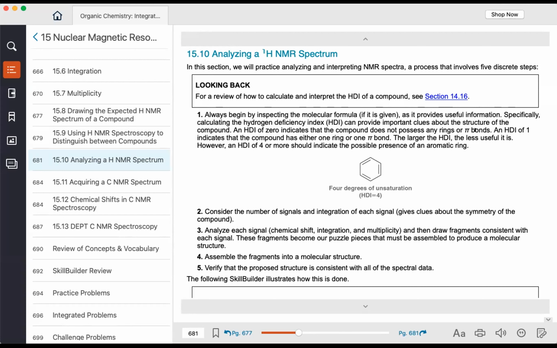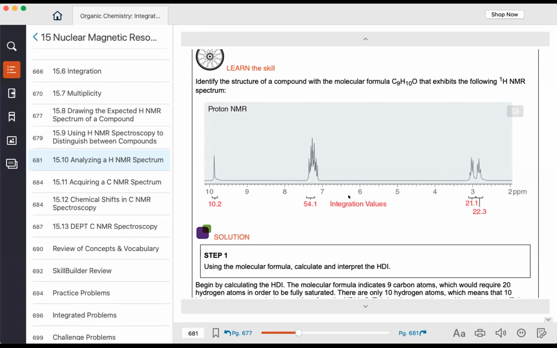Next, let's have a look at the integration of these molecules, since we know that HDI should be 5. 5 tells us that there is likely maybe 1 or 2 rings, maybe there's a benzene ring and another double bond. Let's see. In our integration values, we have 10, 50, and 2 20s. What I recommend you do is to first divide by the smallest number.